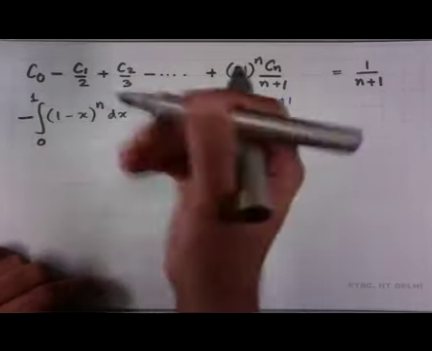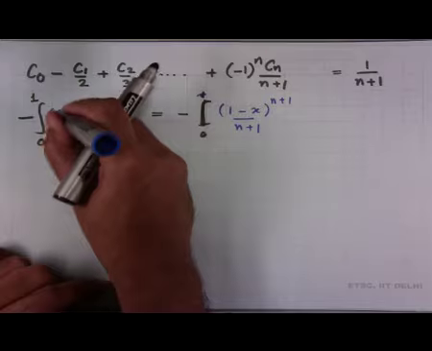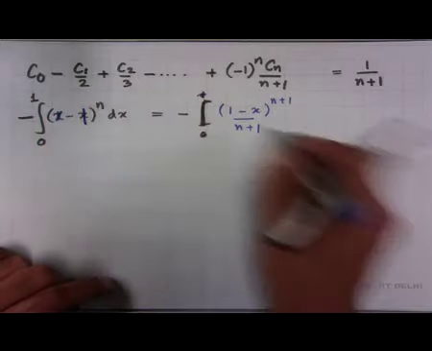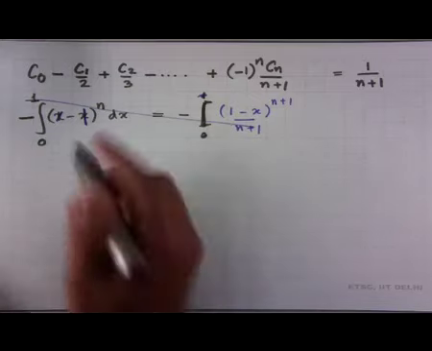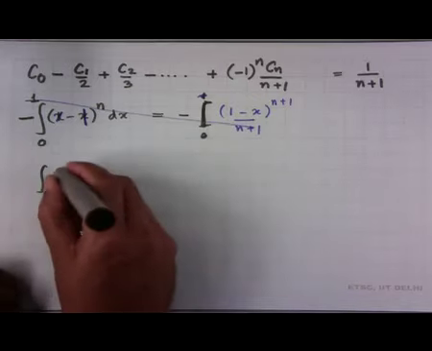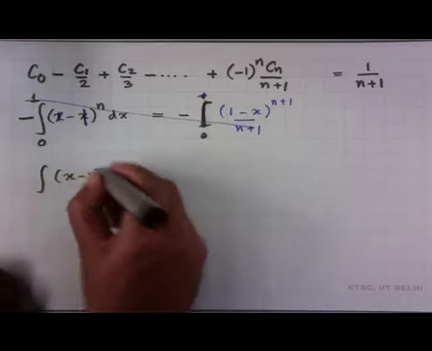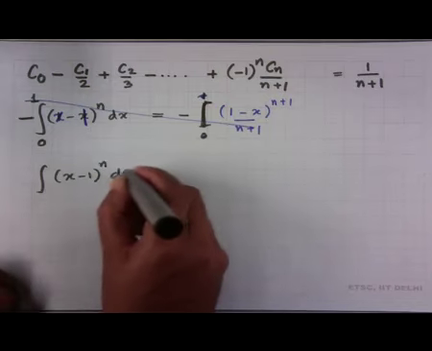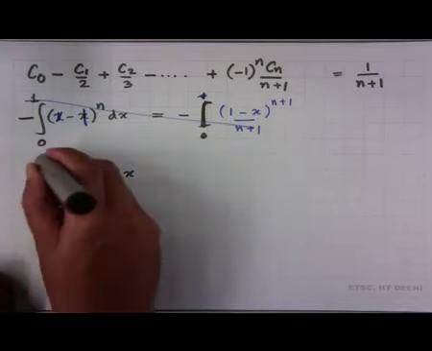You need not do 1 minus x, you can even do x minus 1. Let us scratch it out. Let us do the integral of (x minus 1) whole power n dx from 0 to 1.